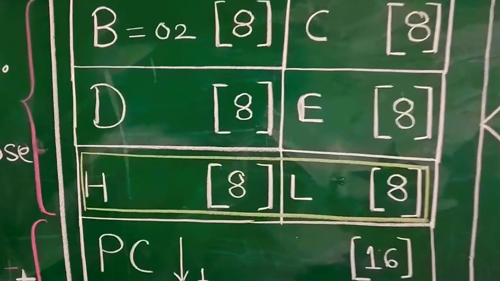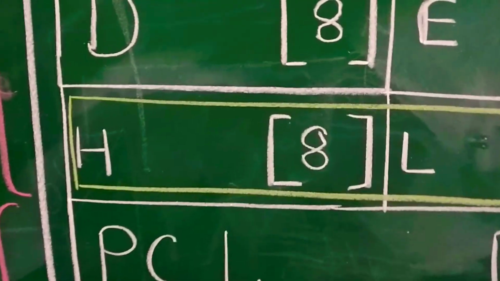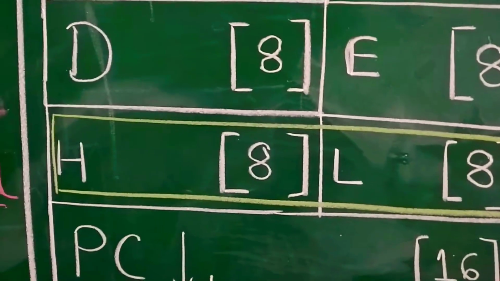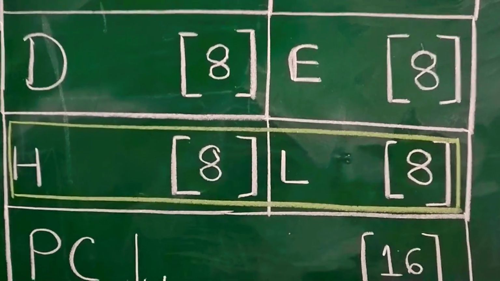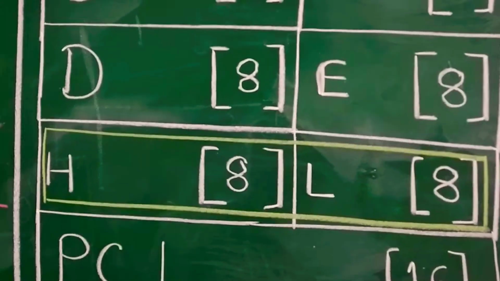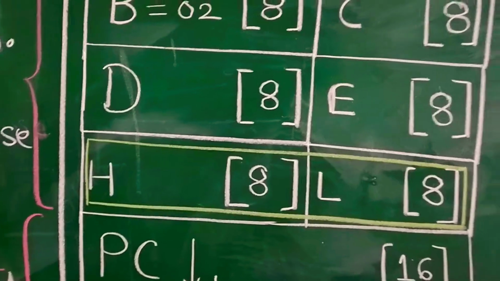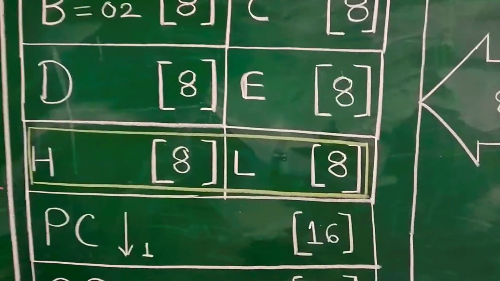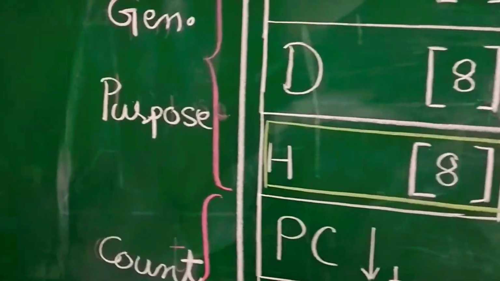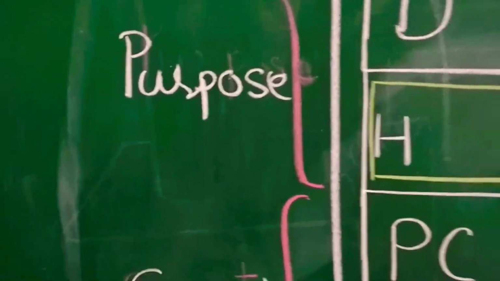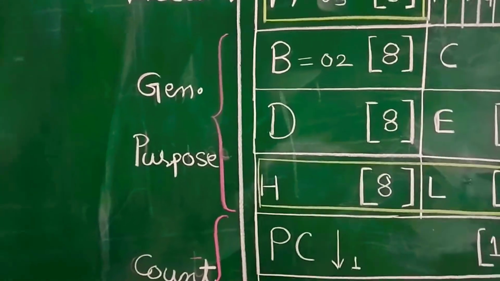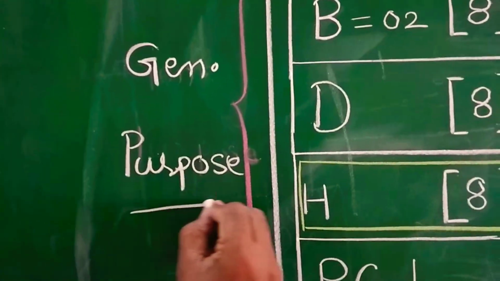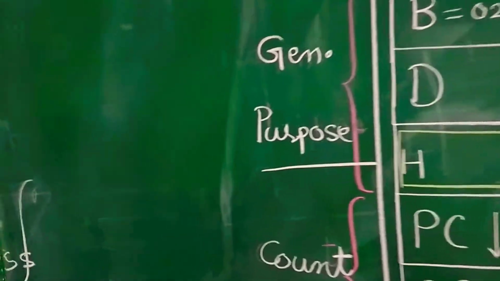And we have created a green line for HL pair also, which we will elaborate later on, because it is also used as a memory pointer, which is a new, important concept which will be clarified later on.